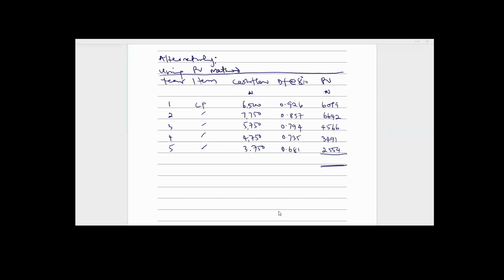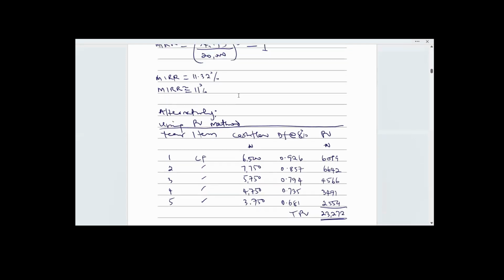Plus 6,642 plus 4,566 plus 3,491 plus 2,554 equal 23,272. Here is 23,272. So that represents the total present value of the positive cash inflows.